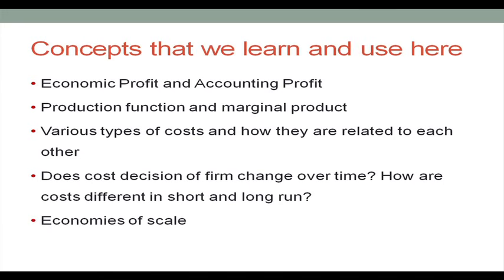Is it going to produce the same amount of output that it is producing today, or would it like to produce more, or would it like to produce less? Depending on the market, depending on the kind of costs it faces, it needs to make these choices. So obviously that means that the cost is not exactly similar in the short run and in the long run, and we are going to discuss what we mean by short run cost and long run cost. And we are going to discuss something called economies of scale.